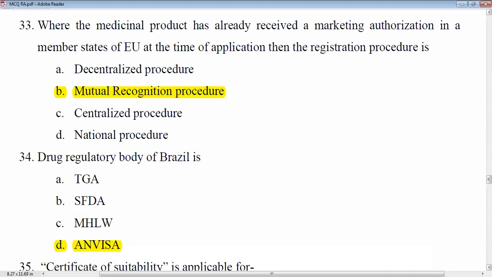So the correct answer is mutual recognition procedure. Mutual recognition procedure is the correct answer where the medicinal product has already received a marketing authorization in a member state of Europe at the time of application, then the registration procedure is mutual recognition procedure.